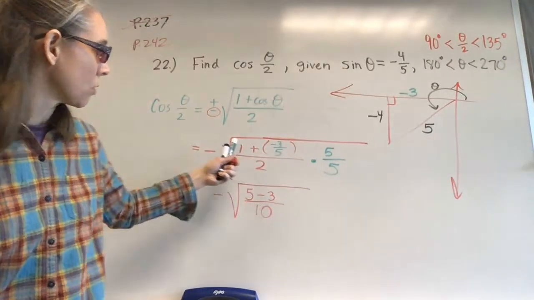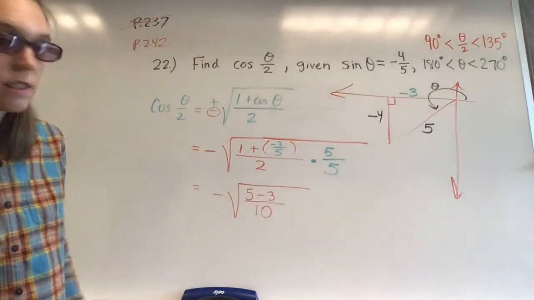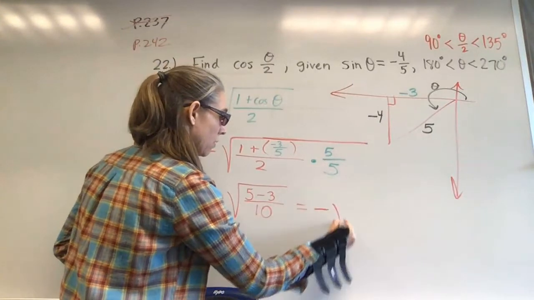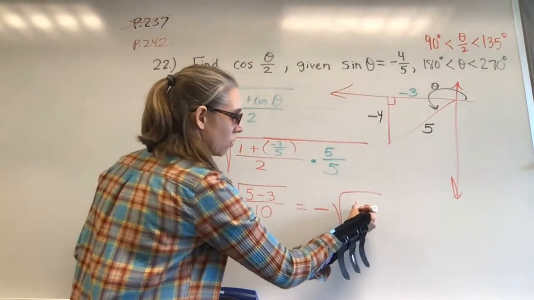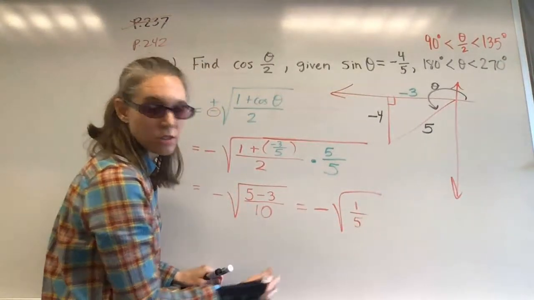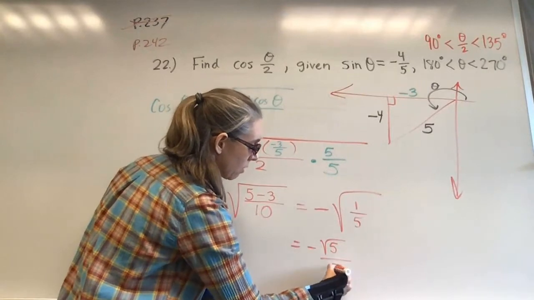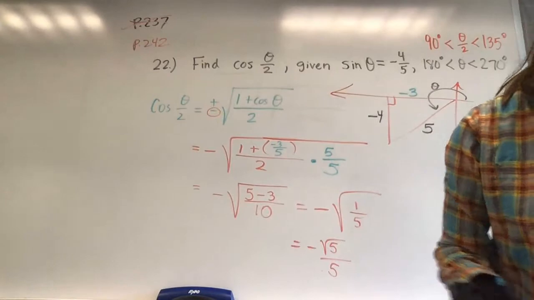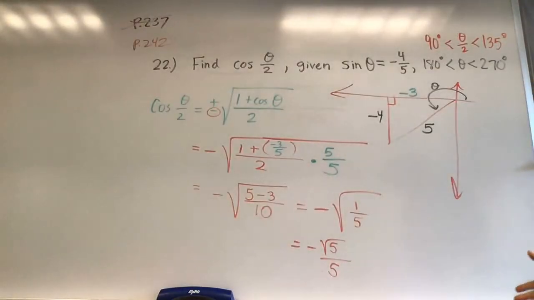So the 5 times the 1 is 5, negative 3/5 times 5 is negative 3, and then we can further simplify this to be negative, this is 2 over 10, so 1 over 5, and when you rationalize that, you end up with negative root 5 over 5 as your answer. And here's the problem in its entirety there for you.